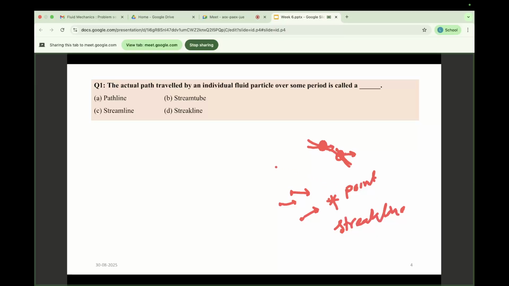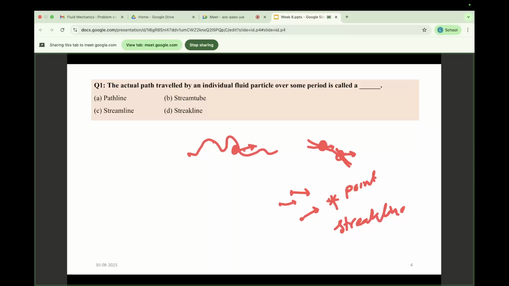You have understood the streamline, right? It is basically a curve where the tangent at an instant gives the direction. Say this is a point and its velocity is there, so this particle is flowing in that way.